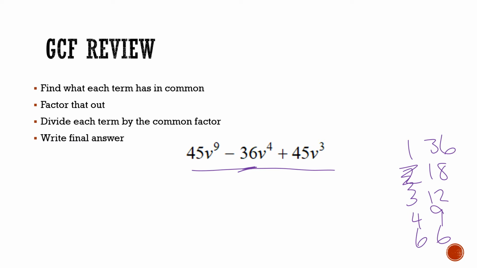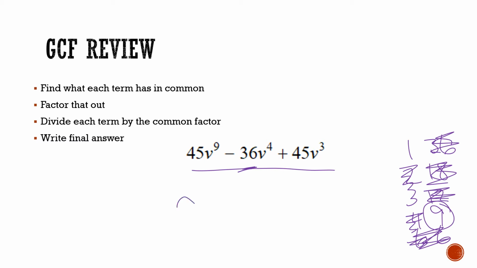Let's see, 4 does not go into 45, 6 does not go into 45, 9 goes into 45, 12 does not go into 45, and 18 does not go in, and 36 doesn't go in. So I have 1, 3, or 9, and 9 is that greatest factor that they have in common.